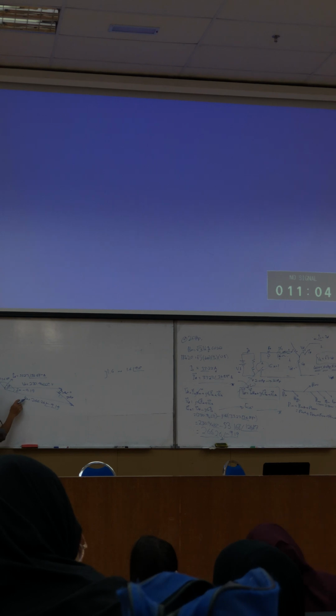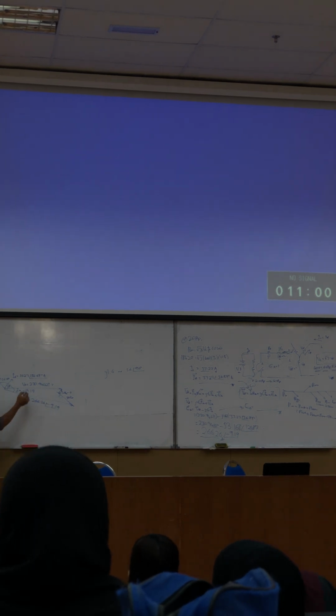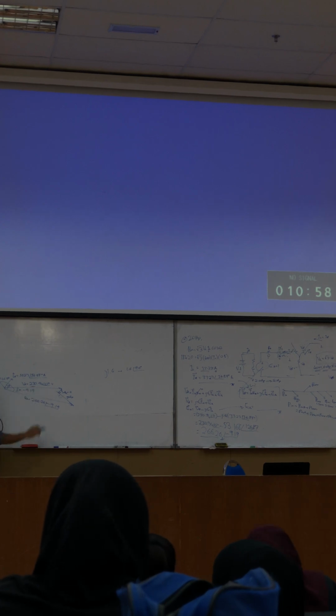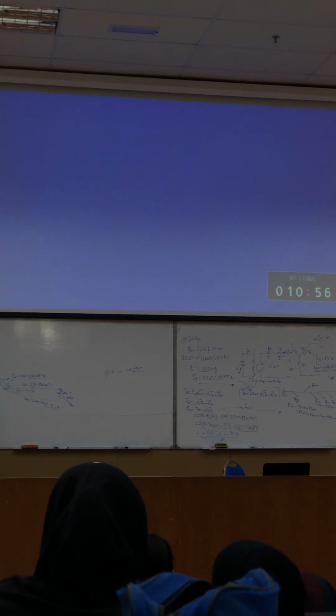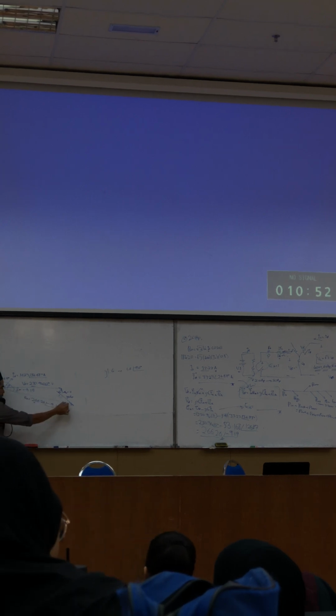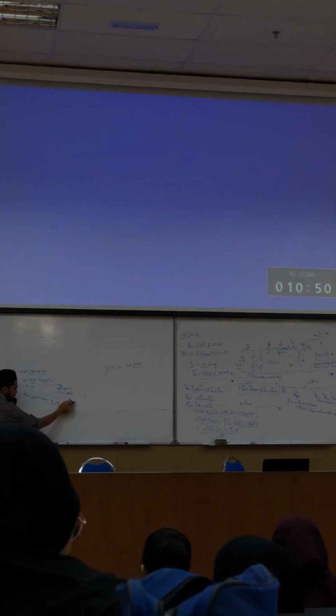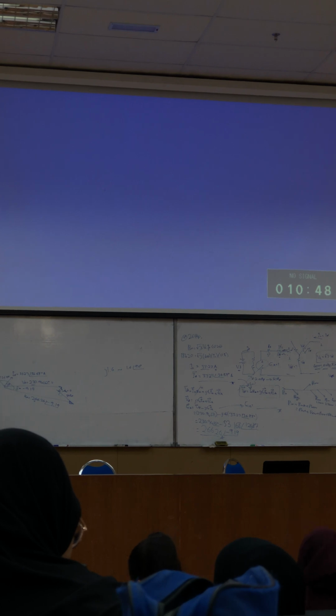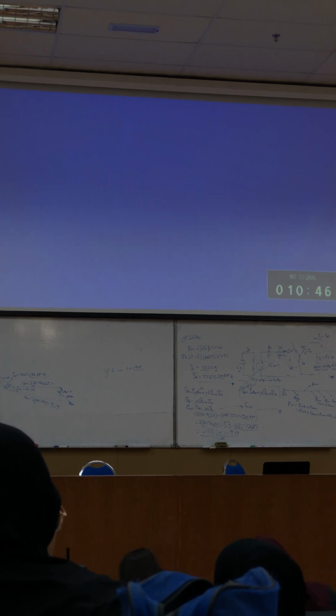Angle value, magnitude 266. Magnitude of your V phase 230. Voilà. So this is quite a logical result for this phasor diagram.